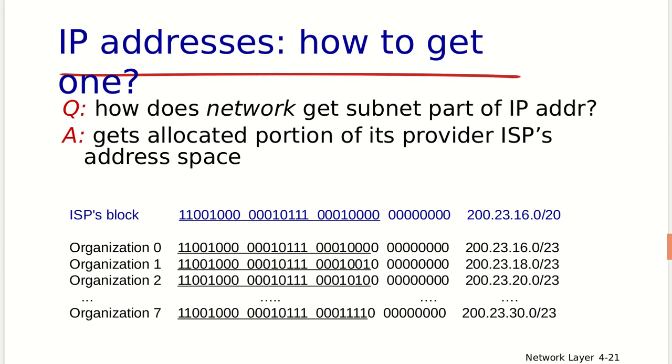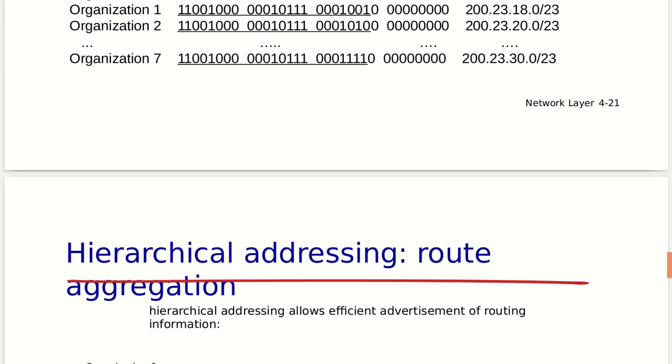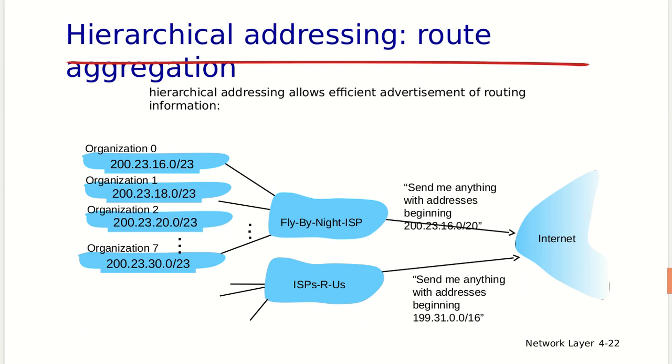Then within the organization itself, you are free to borrow more bits from the host portion to create further subnetworks according to your own requirements, reducing the number of bits assigned to hosts. This is your example of hierarchical routing that we covered in the previous slide. Organization 0 is 16.0, organization 1 is 18.0, then 20.0, and then 30.0.